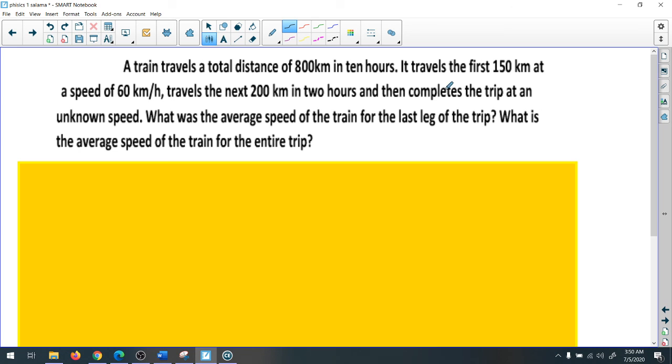It travels the first 150 kilometers at a speed of 60 kilometers per hour, then travels the next 200 kilometers in 2 hours, and then completes the trip at an unknown speed. What was the average speed of the train for the last leg of the trip? What is the average speed of the train for the entire trip?